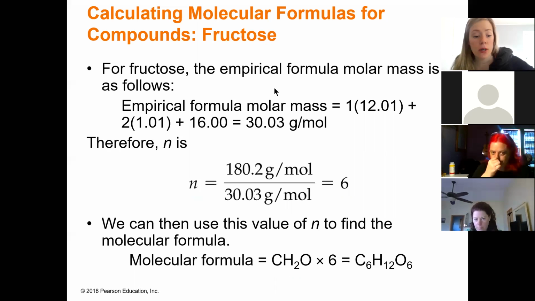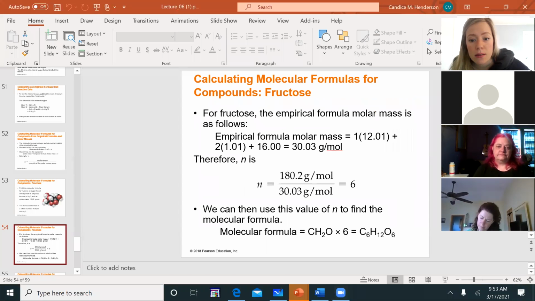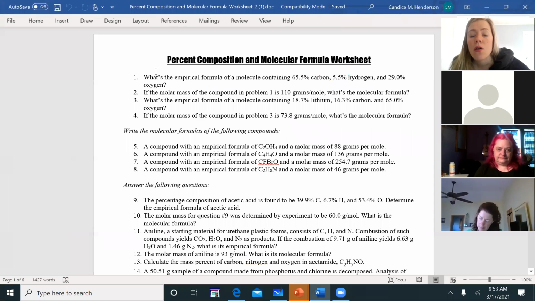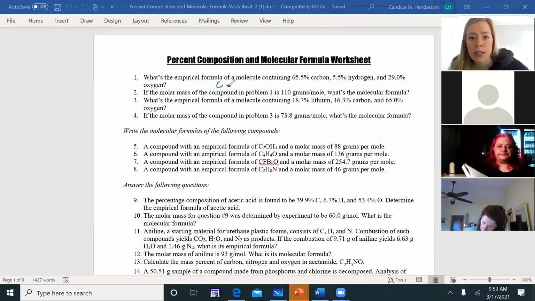So let's look at that last problem that we were working on, because there's a second component to it. It says, for number 1, if the molar mass of the compound in problem 1 is 110 grams per mole, what is the molecular formula? So remember, we calculated this thing to be C3H3O. You know what the molecular mass is. I want you to calculate the molecular formula.